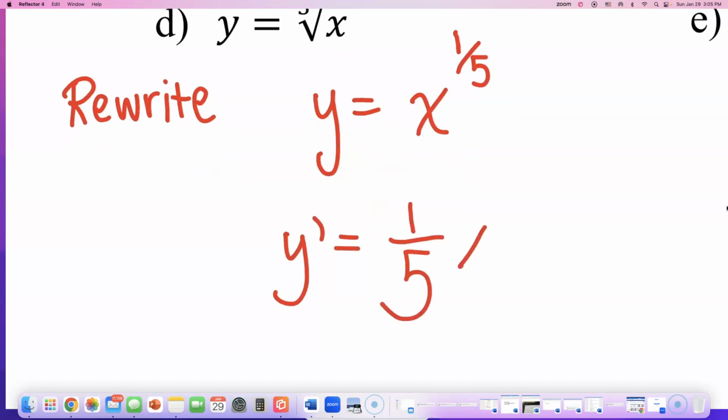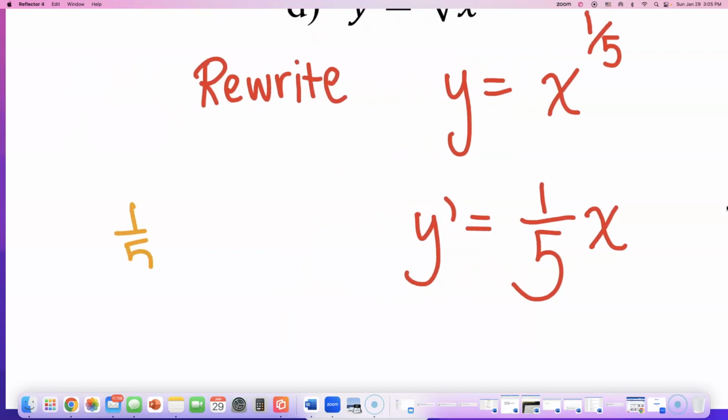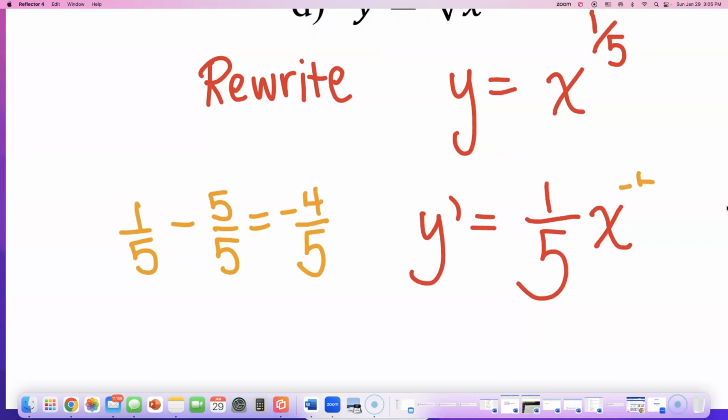But the exponent has to be 1/5 minus 1, which is 1/5 minus 5/5. And if you subtract, you get -4/5. And that should be the new exponent of the derivative, okay?